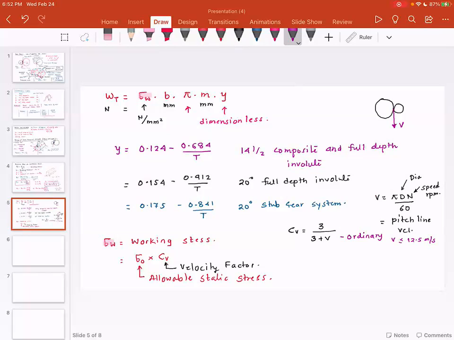So if you have a gear that is rotating at maybe 10 meters per second, this is the velocity factor that you will use. If your gear is carefully cut, which means it's more accurate, less vibration, less noise, less dynamic variation in the load, this is given as for carefully cut gears.